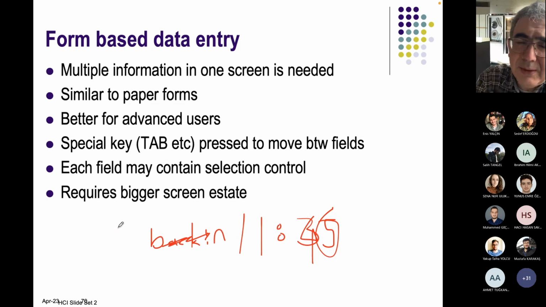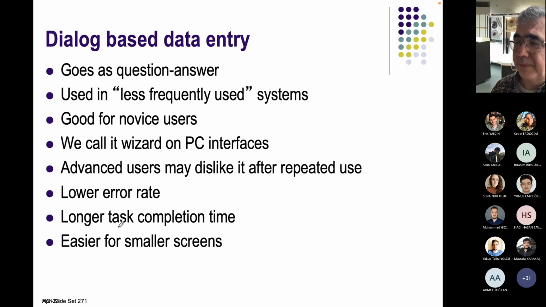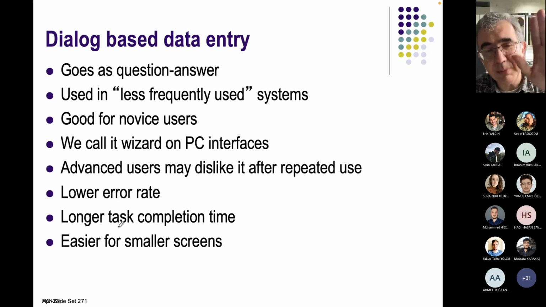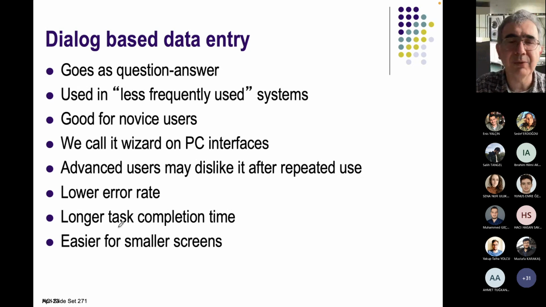Having a form requires bigger screen estate, so sometimes a form can be divided into multiple forms, page 1, page 2, page 3, etc. So scrolling or paging is a matter of decision, but it is known generally that for novice users, division of forms into multiple screens is better than a scrolling big form. A scrolling big form is good for advanced users. Multiple pages with forms is better for novice users.